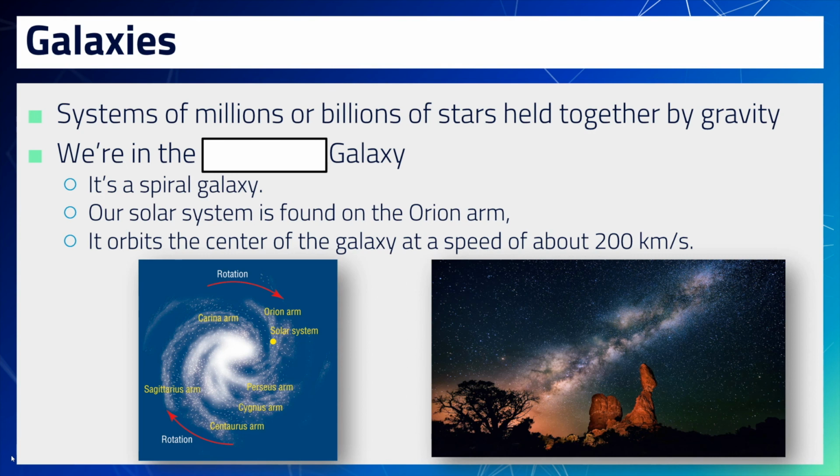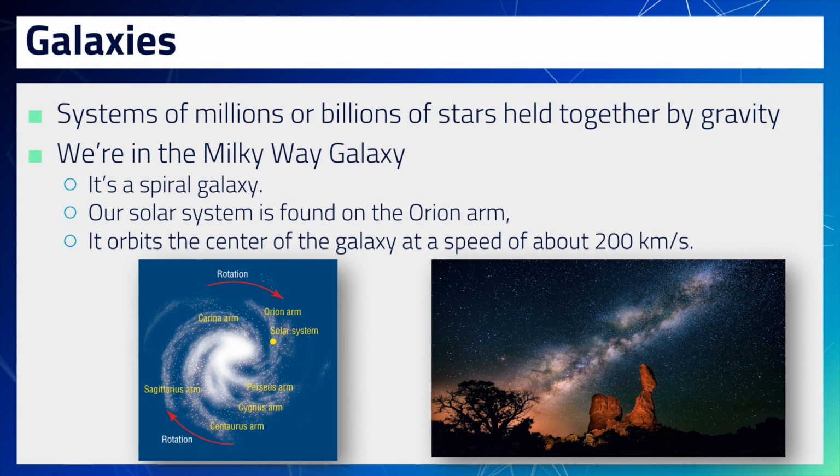The next thing out there in space is galaxies, and galaxies are systems of millions or billions of stars, all being held together by gravity. You hopefully know that we live in the Milky Way galaxy. It's a spiral galaxy. You can see a stylized picture of it down the bottom on the left there.